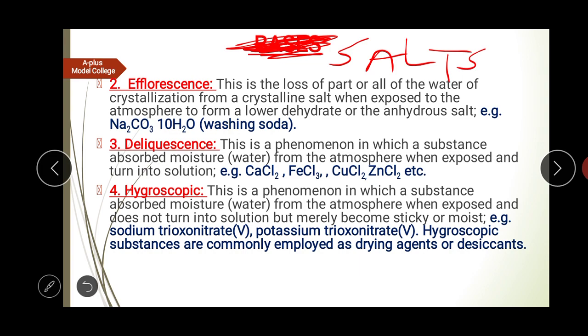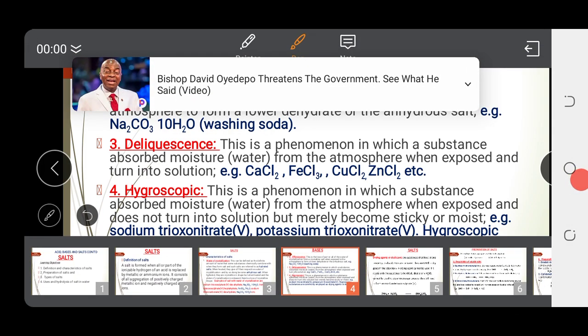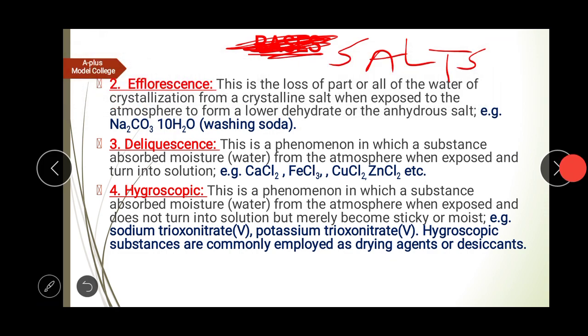That means they tend to go from a crystalline salt, because any salt that is crystalline is a hydrated one, the one that has water of crystallization, to anhydrous, or from crystalline to non-crystalline, from hydrated to anhydrous.